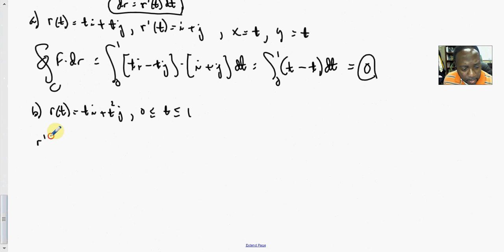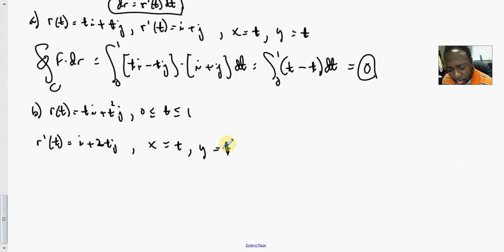So we need r prime of t, that's equal to i plus 2t j, and x is equal to t, and y is equal to t squared. This is the line integral.